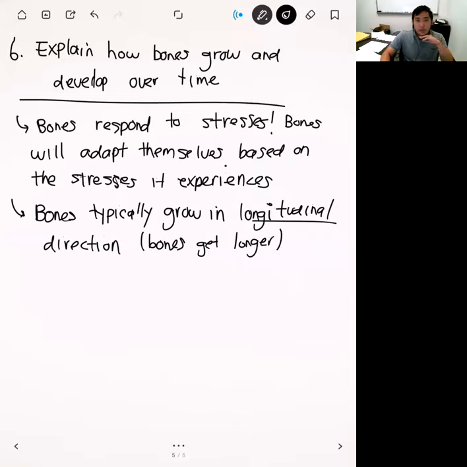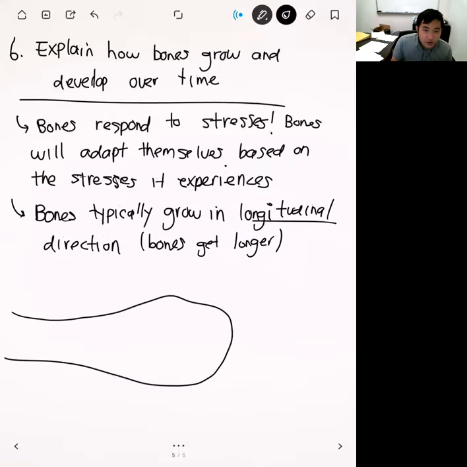But with that said, it is possible for bones to get thicker, right? And that's called circumferential growth. But typically, for most people, and specifically for most kids, your bones are primarily going to grow in the longitudinal direction. And the location at which it grows is this piece of your bone called the epiphyseal disc.